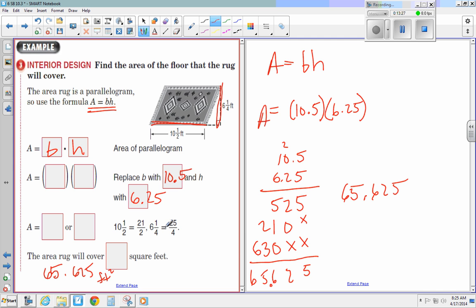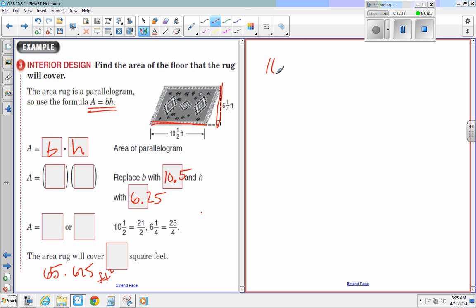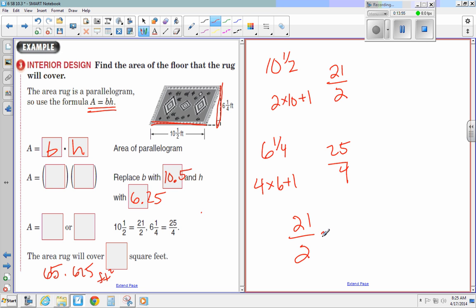But we also have learned to multiply fractions. 10 and 1/2 is equivalent to 2 times 10 plus 1, 21 halves. 6 and 1/4 is equivalent to 4 times 6 plus 1, 25 fourths. And so now you're multiplying 21 halves times 25 fourths.